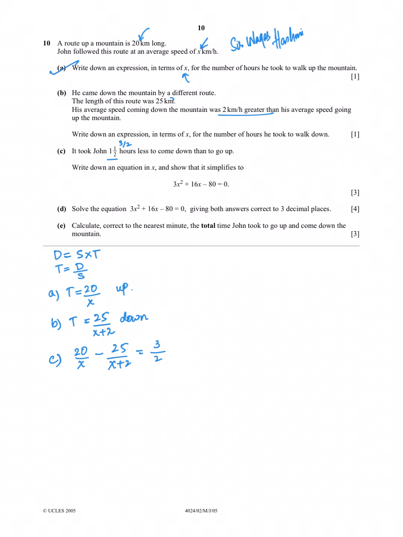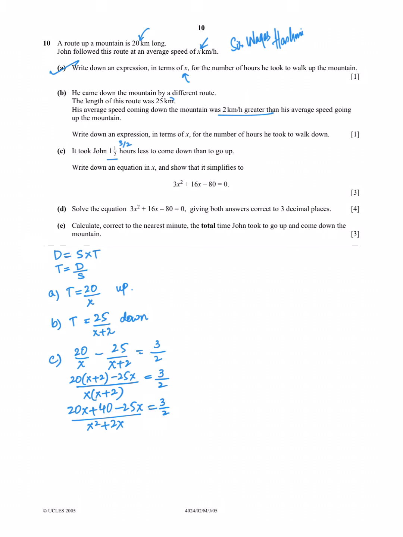Now we need to solve this equation, and firstly I need to take LCM here. So that will be x times x plus 2, right? And it's 20 times x plus 2 minus 25 times x equals to 3 divided by 2. Alright, now I need to multiply the brackets. So that will be 20x plus 40 minus 25x divided by x square plus 2x equals to 3 divided by 2.